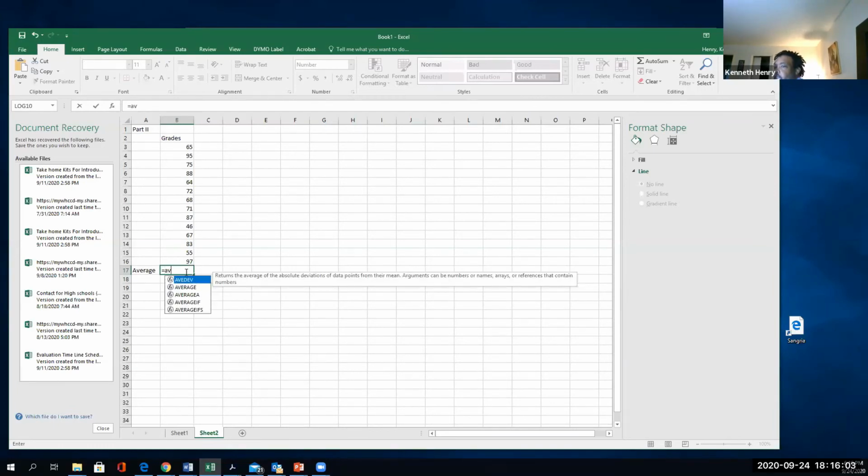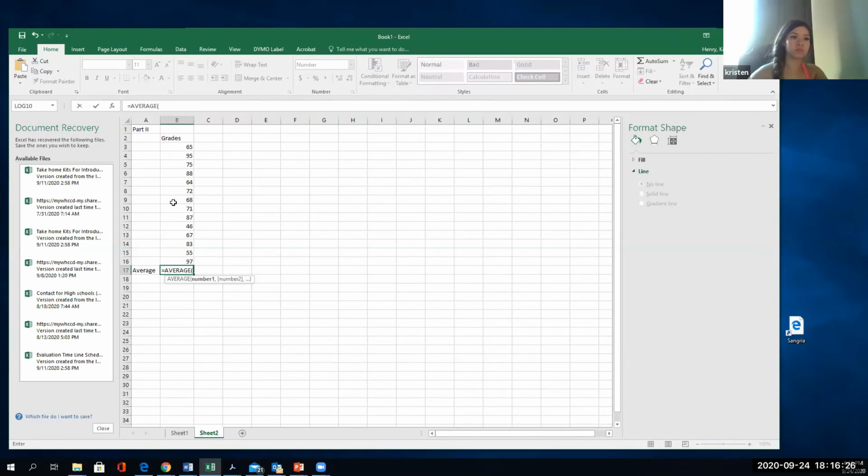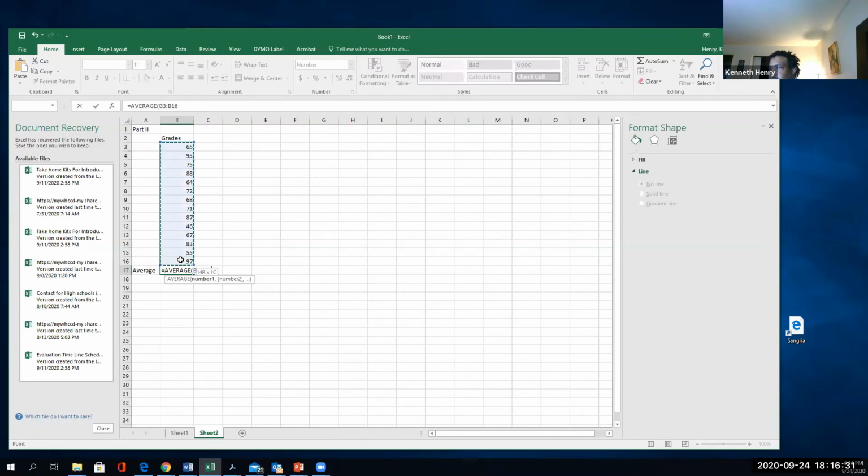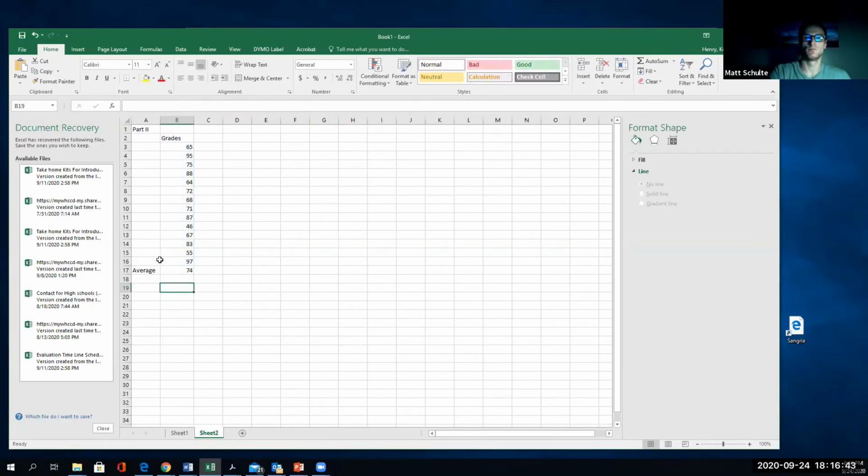As I type in equal, it pulls up functions. And as I start typing average, the first thing it gives me is the average deviation, which is not what I want. I just want a standard average. So I'm just going to click the one that says average. Then I'm going to select what I want to take the average of. I'm going to close the parentheses. And so that gives me my average grade.